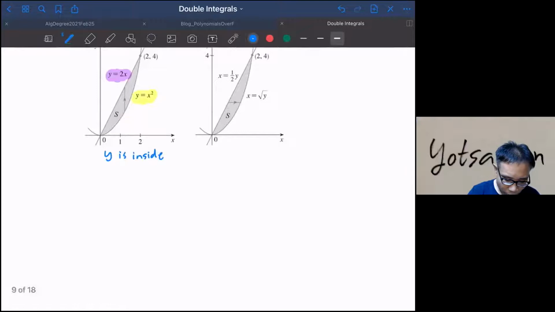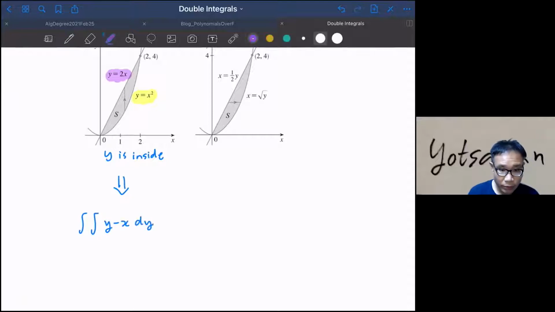So from this picture, the double integral that you can set up is going to be y minus x, and y inside. So you have dy inside, and you're going to put the yellow curve down here, and you're going to put the purple curve up here. So you're going to have y equal to x squared, and you have y equal to 2x.